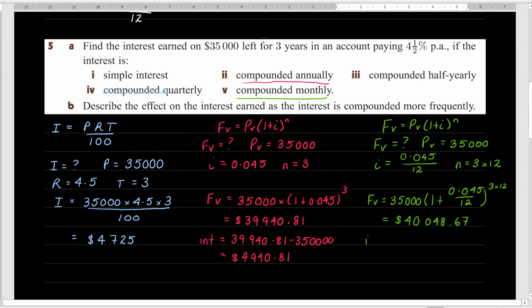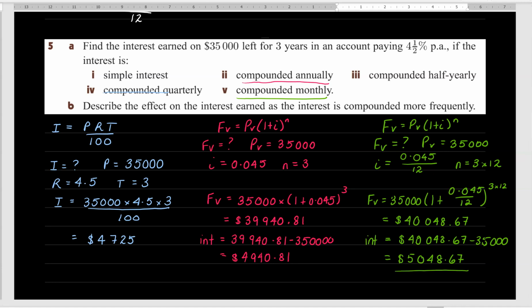So this time my interest will be, right, we subtracted the 35,000, what we invested, and you can see we get a little bit more. So compare your $5,048 if you had done it compounded monthly, to simple interest, which is significantly less.